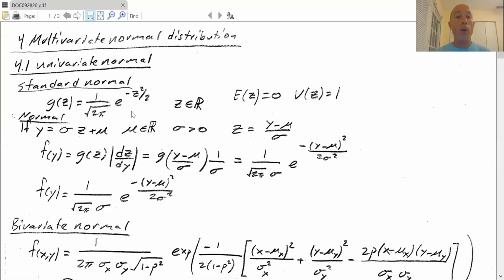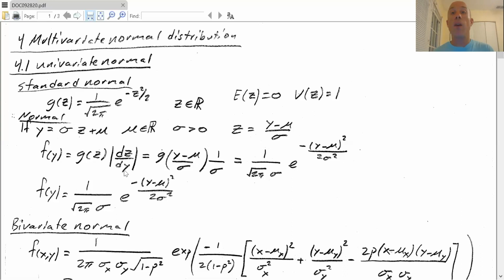Then using basic calculus, if I take this density and this transformation, the density of y is going to be equal to g times the rescaling of z given y. So it's going to be the derivative of z with respect to y in absolute value.